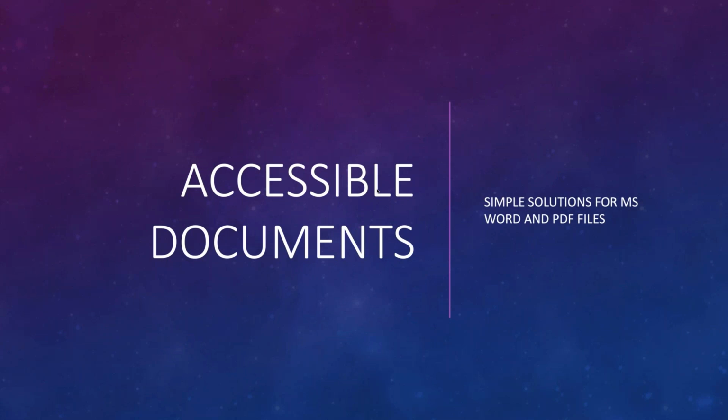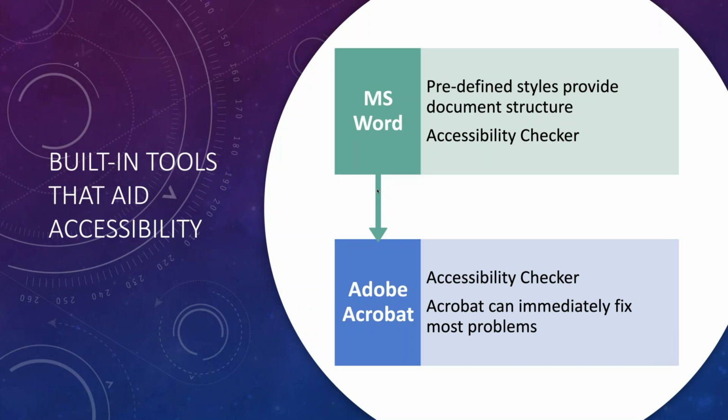So let's jump right into what are some simple solutions for Microsoft Word and for PDF files. Because both of these software packages, Microsoft Word and Adobe Acrobat, have built-in tools that make creating accessible documents really quite easy.